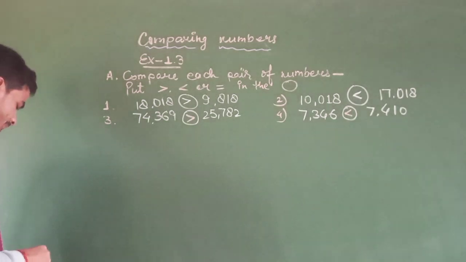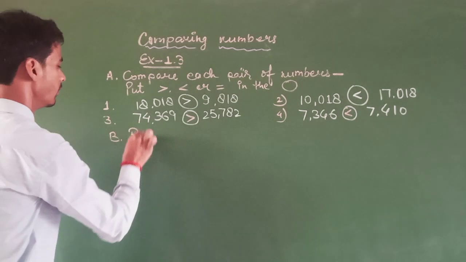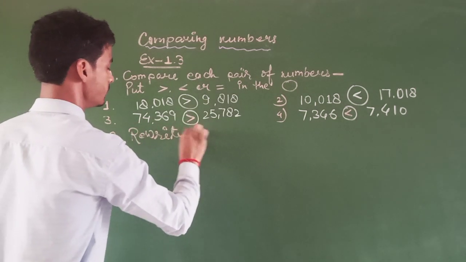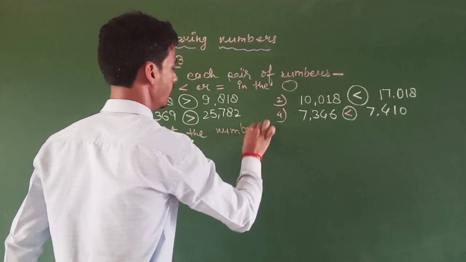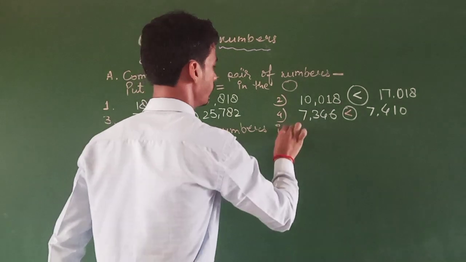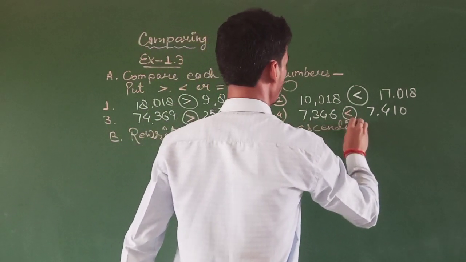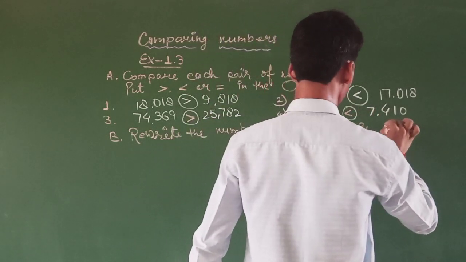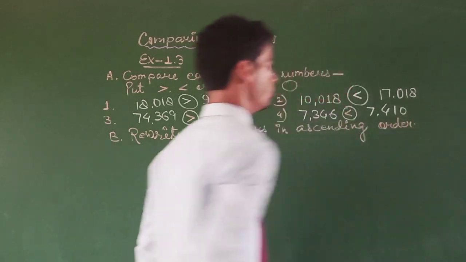Now come to the next question: rewrite the numbers in ascending order. You know that ascending order means order of numbers from smallest to greatest.